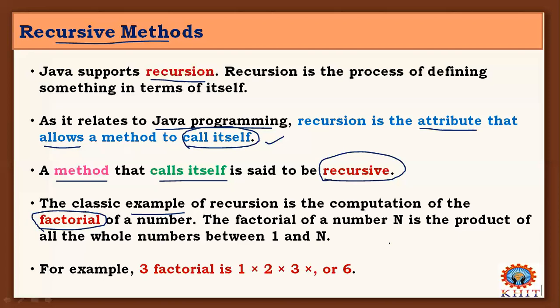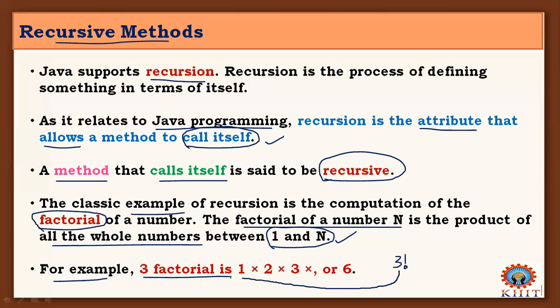For your better understanding, the factorial of a number N is the product of all the whole numbers between 1 and N. For example, the factorial of 3, or 3 factorial, is written in symbolic representation like this. The factorial of 3 is the product of all whole numbers between 1 and n.